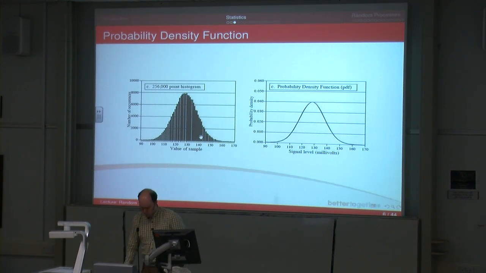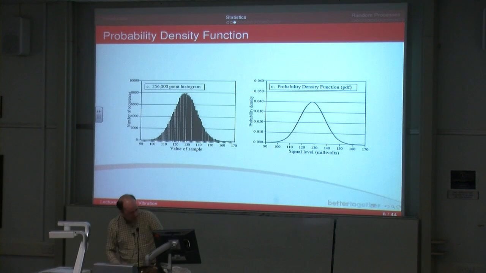So, for example, we've taken some values here. I can't remember the exact example that I used, but I talked about it. Take a random signal of 256,000 points, measured in volts, for example.